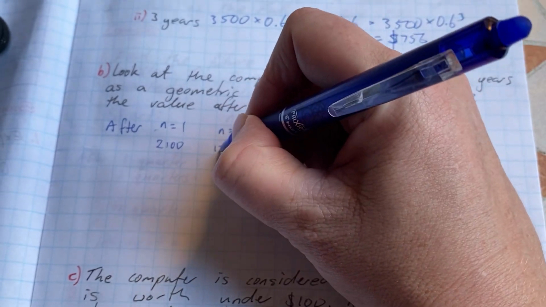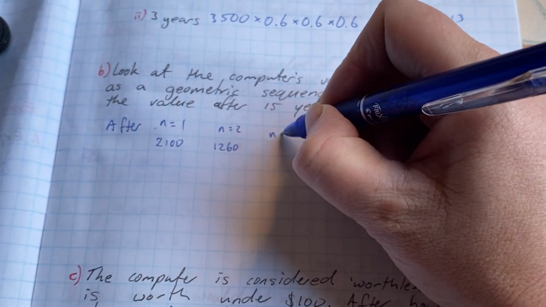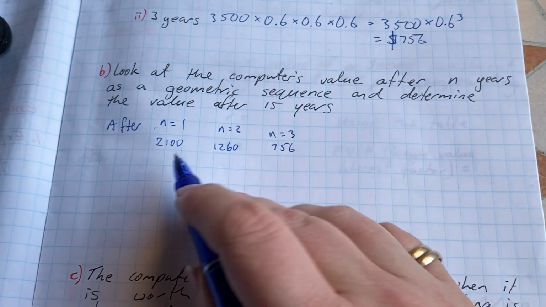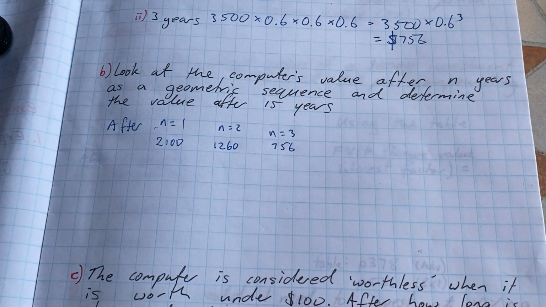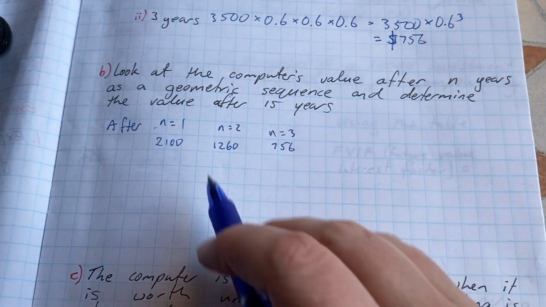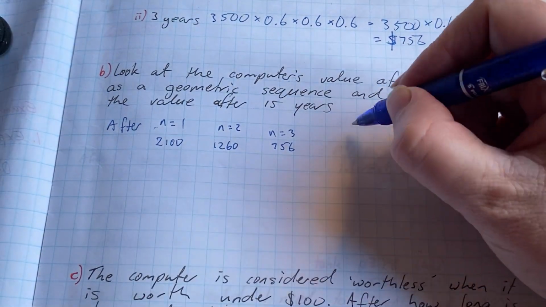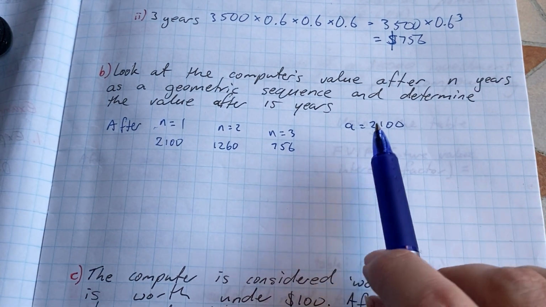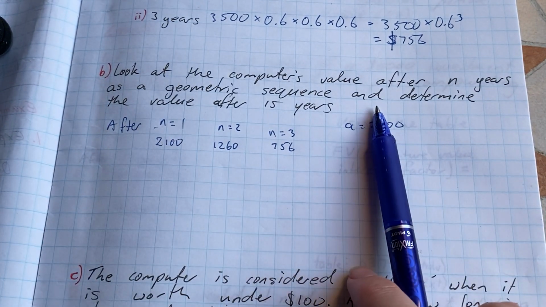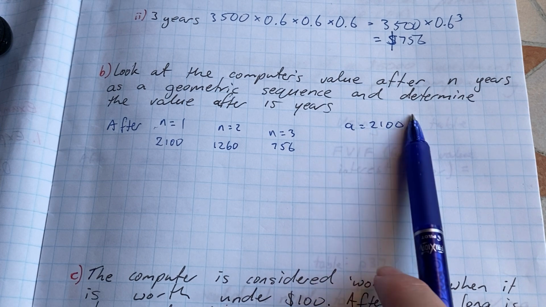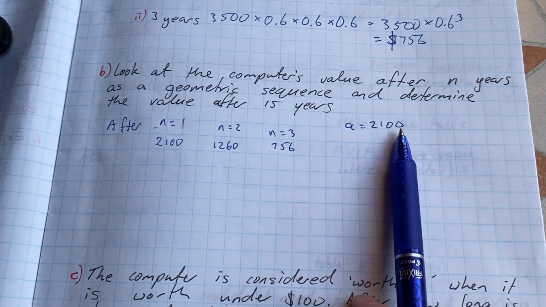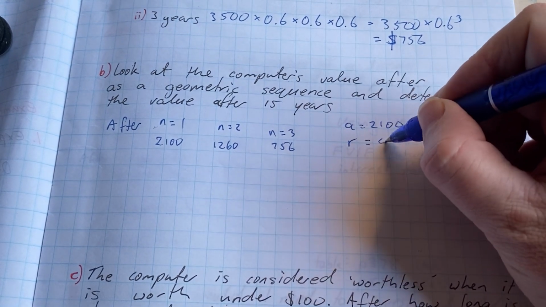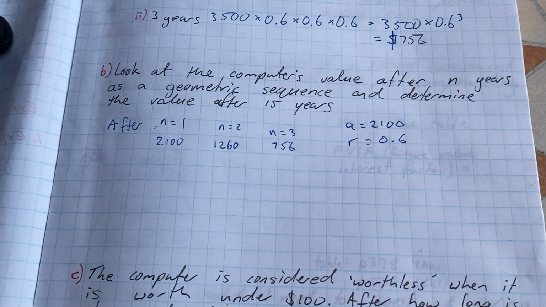That actually gives you 1,260. N equals 3, we got this 756. And this is a geometric sequence because there are no plus signs. So our A is 2,100. Okay, it's not that 3,500 that we started with. It's after 1 year that is the first value of our sequence. And our R is 0.6.